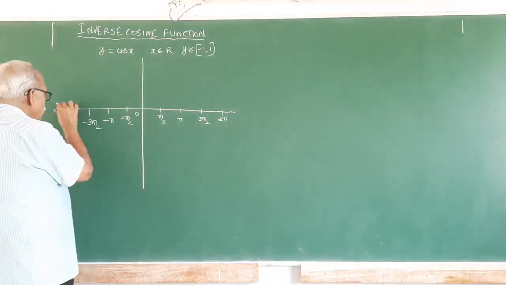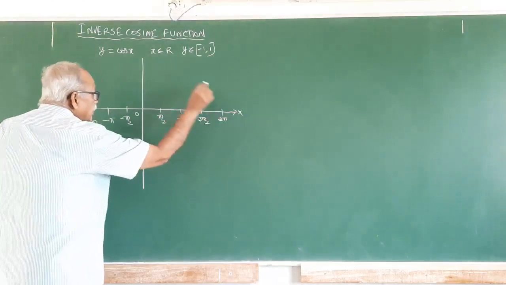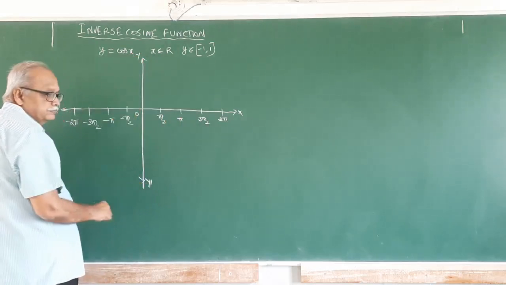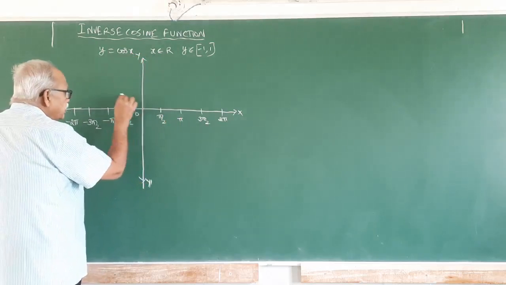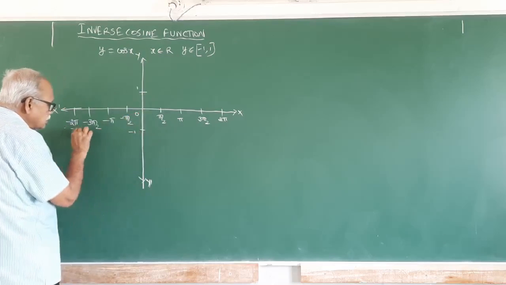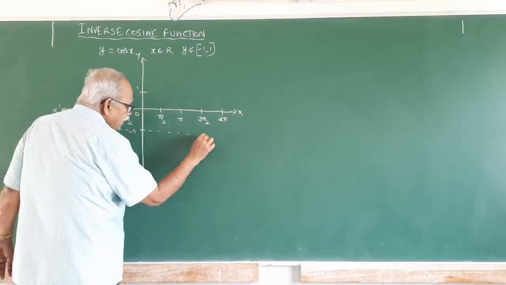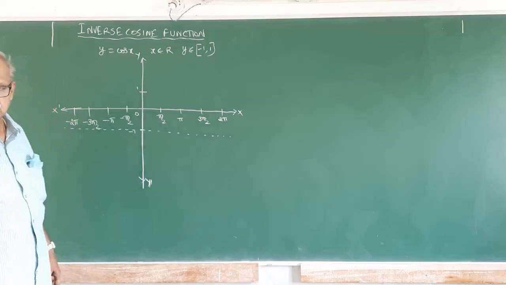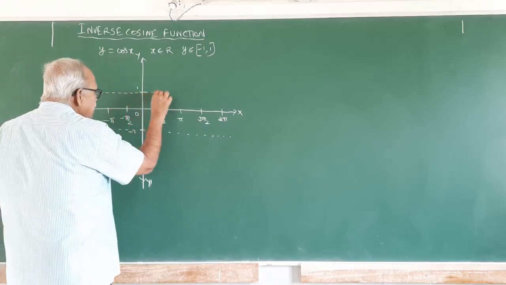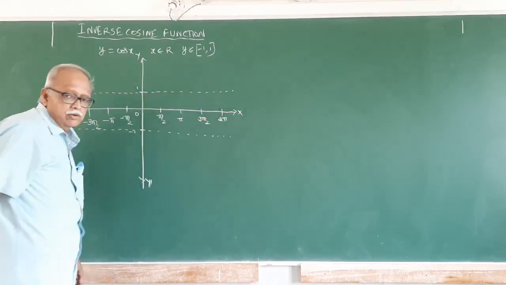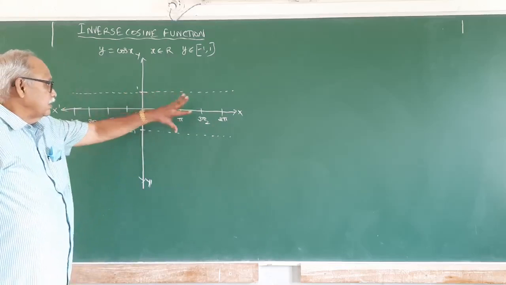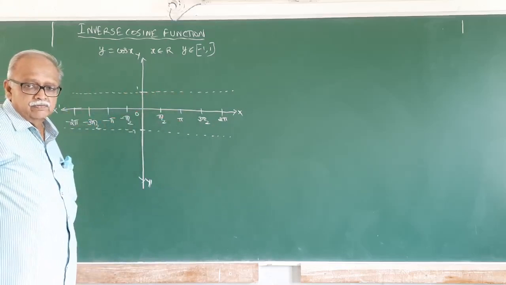So follow how I am drawing the graph of the cosine function. Here we should mark 1 and -1, because the values of the cos function are from -1 to 1. So in this interval only the graph of the cosine function will be there.